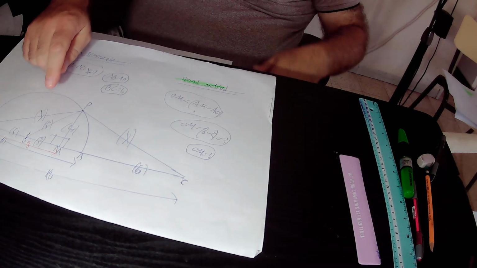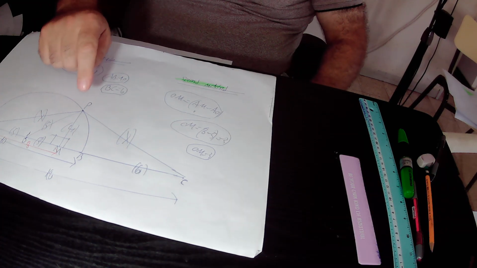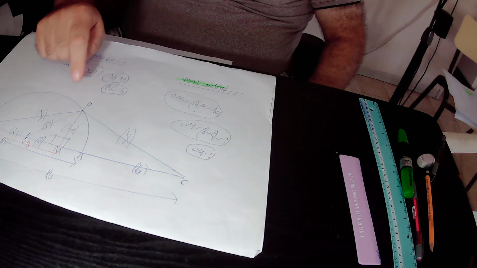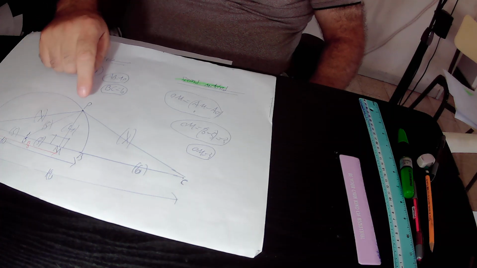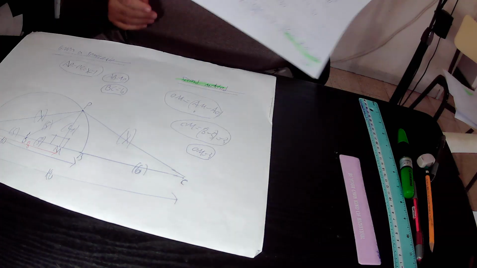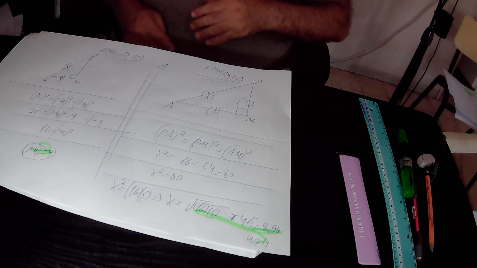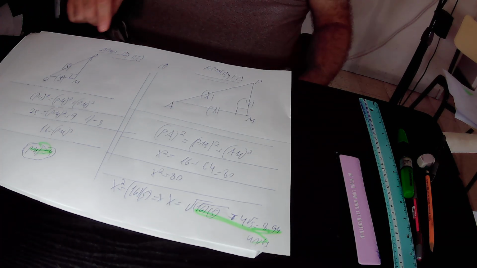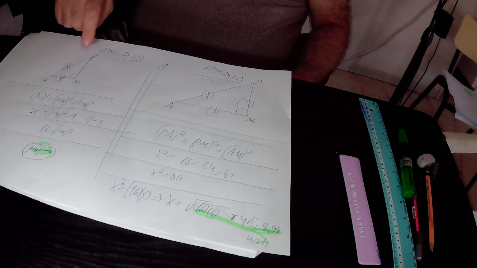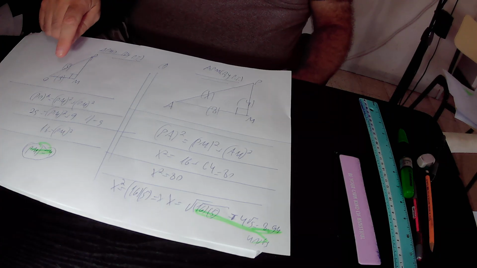In the next step, I copy the right triangle OPM to a new page, and we apply the Pythagoras theorem on this small right triangle. PO squared, the square of the hypotenuse, equals PM squared plus OM squared. PO is 5, so PO squared is 25, equals PM squared plus OM squared.